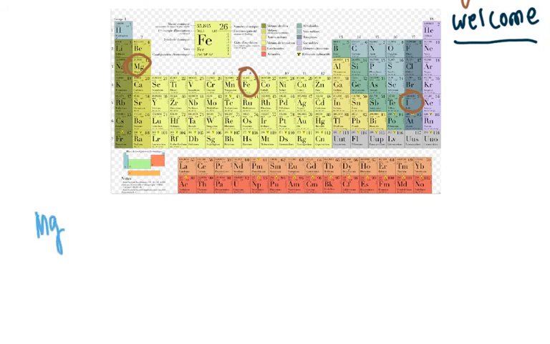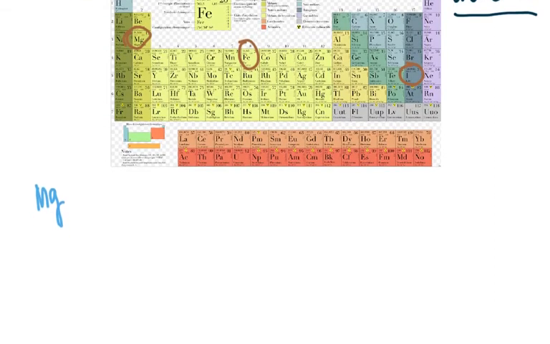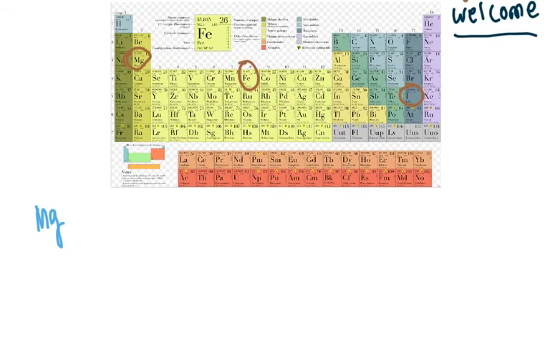And if you guys have already watched my video on writing electron configurations, this should be like a piece of cake, hopefully. So let's write down the noble gas notation for magnesium's electron configuration. We have to look at our noble gases, which are right here, this 18th group of the periodic table.